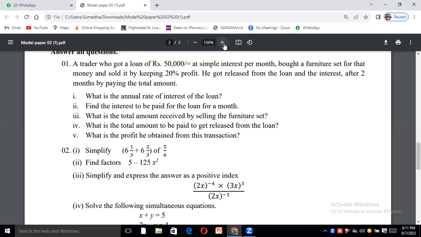the total amount received by selling the furniture set, the total amount to be paid to get released from the loan, or the profit he obtained from this transaction. That was the question.